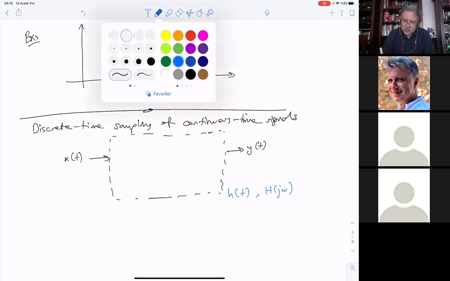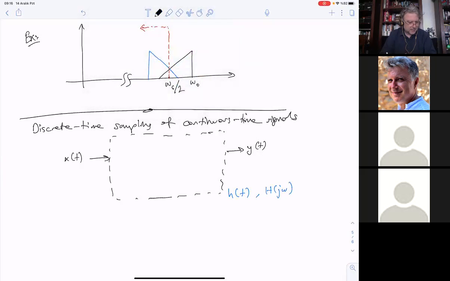Since we want to use a computer here, we must have something like an analog to digital converter. Let me put it here, A to D converter. And then we have a process we can call h of n, because since it is discrete time now, the filter that we are going to apply will be a discrete time filter, h of n, whose Fourier transform is h of e to the j omega, either of them.